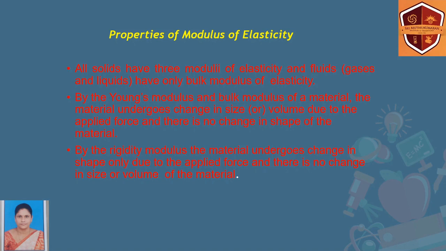So according to bulk modulus, when we apply the force to the material, changes occur only in the size and volume. And then the third one is the rigidity modulus, where the material undergoes changes in shape only due to the applied force and there is no change in size and volume of the material.